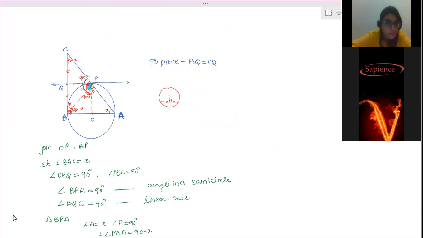This is an exemplar question. If you go with the internet solutions, they have used another theorem that you can't use for your exam. Ma'am, the diagram becomes very messy. Is it fine? Yeah, fine.